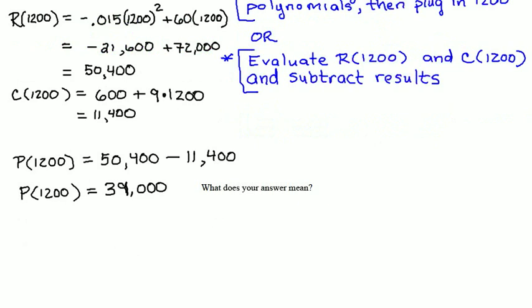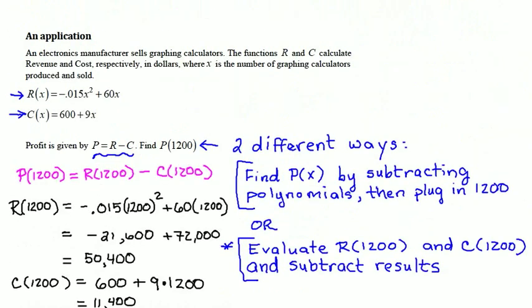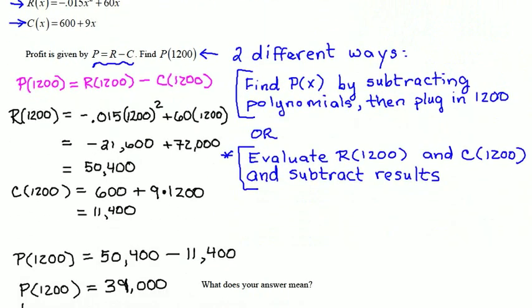The next question that we want to address is, what does your answer mean? And in order to answer this, we really can translate the statement P of 1200 equals 39,000 from left to right. P we know to be profit, so I'm going to translate P as the word profit. 1200 is a value of x, and if we look back at the original phrasing of this problem, we are told that x is the number of graphing calculators produced and sold.